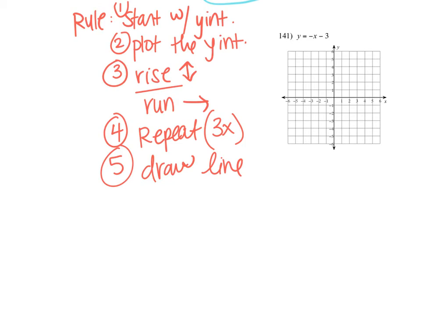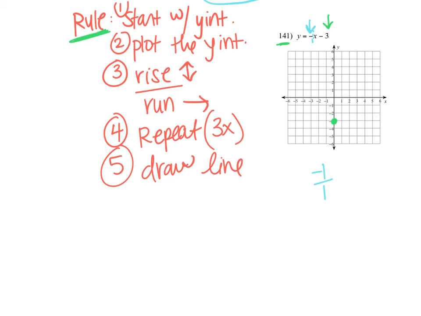Okay, so let's start with number 141. So my y-intercept is negative 3. This is already in slope-intercept form, so it's the easiest thing. Start at negative 3 at the y-intercept. So here's my y-intercept. Then I know my slope is right here in front of my x. And it says negative 1 over 1, even though it's kind of invisible. It's like an invisible 1 in front of the x.